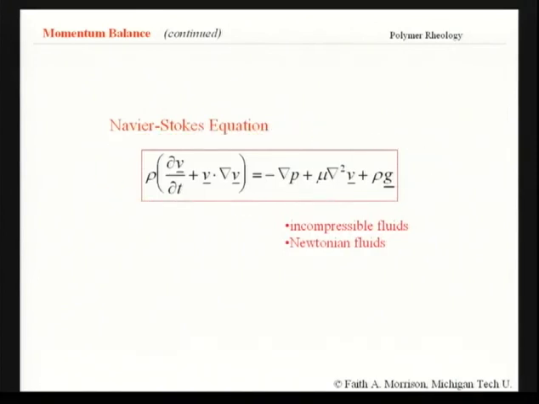Just a bunch of tensor algebra, nothing exciting. So the Navier-Stokes equation, which you've used before, is just the microscopic momentum balance. It says that the rate of increase of momentum in a control volume plus the net flux in is equal to the sum of the forces. And the forces on the control volume are isotropic pressure, viscous forces, and gravity body forces.